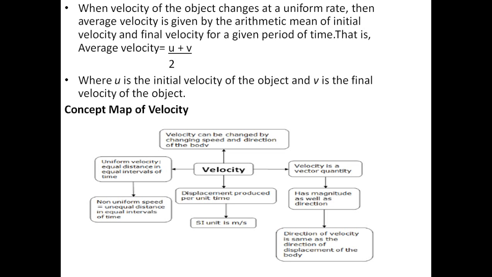Because we discussed the bike case, when the bike was taking a turn. At that time we considered that he was changing the direction, so the velocity becomes zero at that time, because the direction was changed, but the body is still in motion.